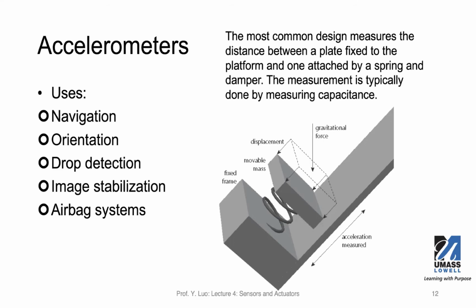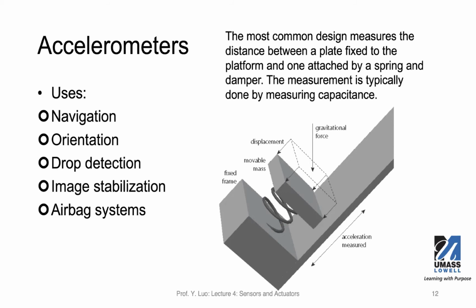You will use accelerometers in many situations: navigation, orientation, drop detection, image stabilization, airbags. So accelerometers are used in many places, and the most common design measures the distance between a plate fixed to the platform and one attached by a spring and damper.